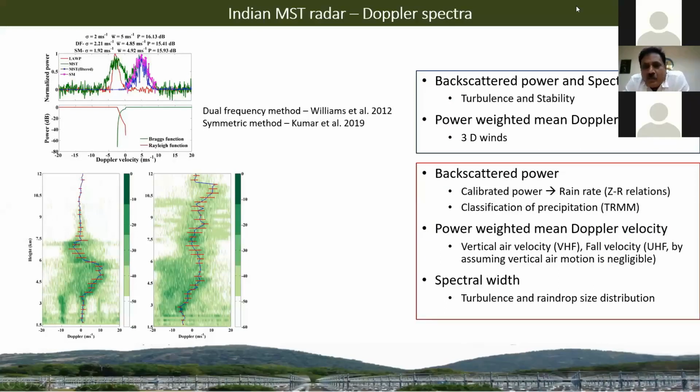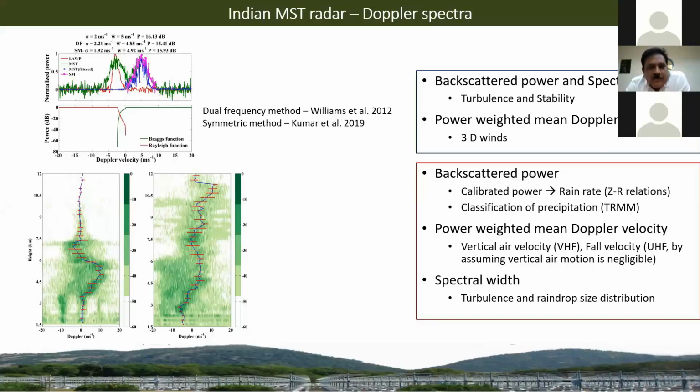So the moments, as I said, from the clear air backscattered echo can be related to the turbulence intensity, and from the Doppler we can get the three-dimensional wind field.